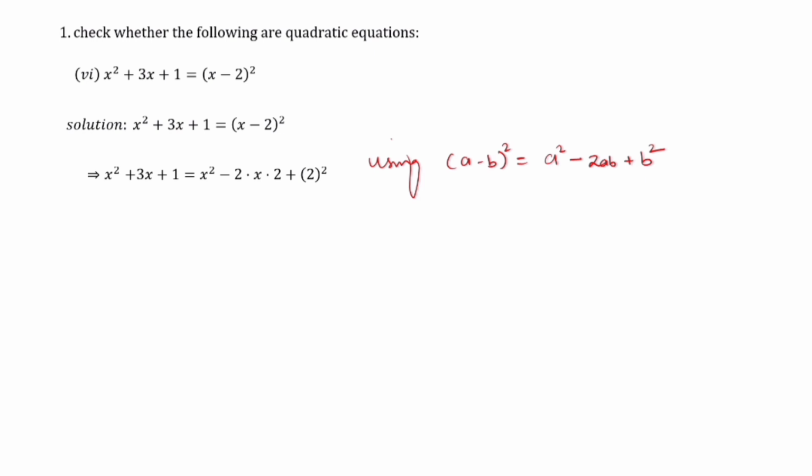Using this, x here is a, and this 2 here is b. Using this, we will have x square minus 2x into 2 plus 2 square.